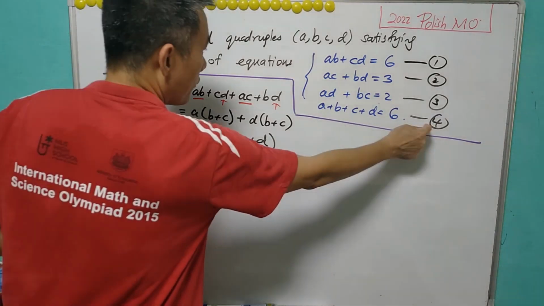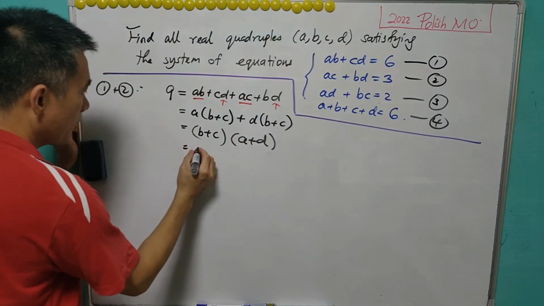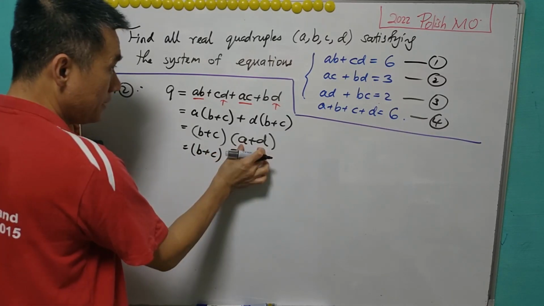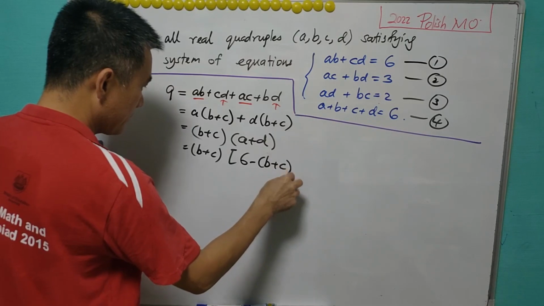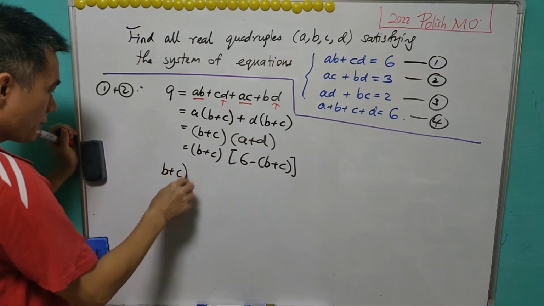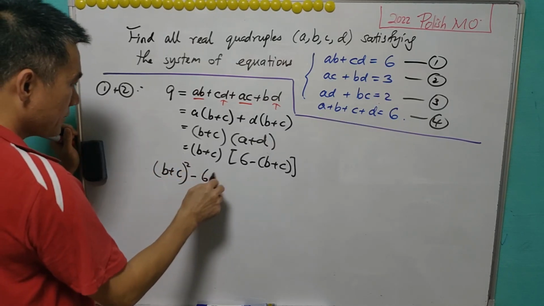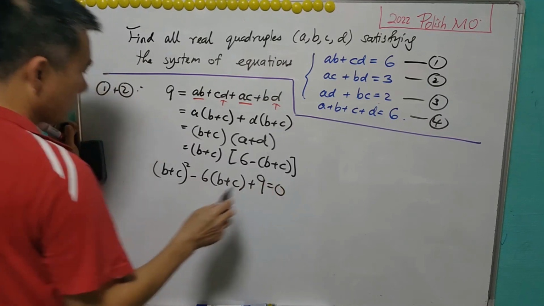And also, from 4, the sum A + B + C + D equals 6. So we can say that A + D is equal to 6 minus (B + C). So this means that (B + C)² − 6(B + C) + 9 = 0.